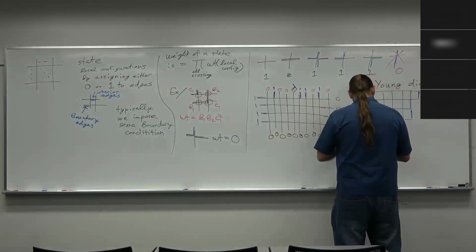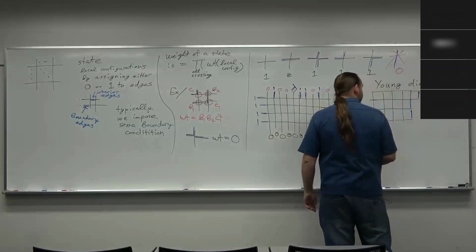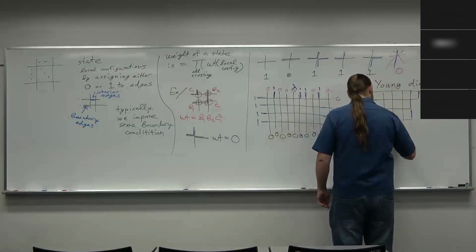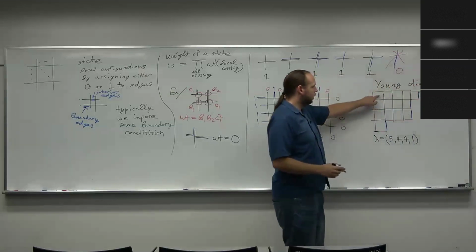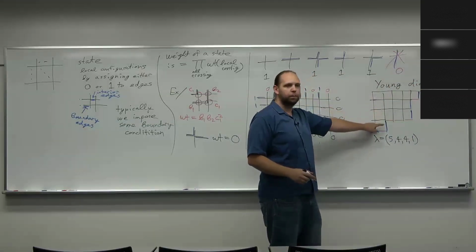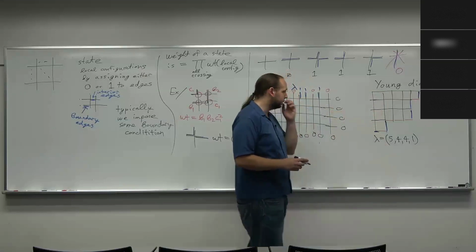And so I can write lambda as 5, 4, 4, 1, just counting the number of boxes in each row.